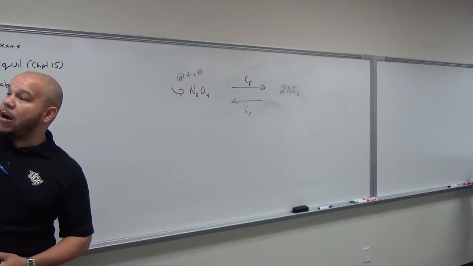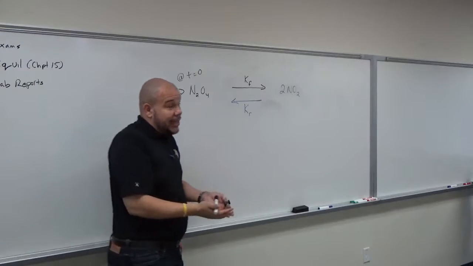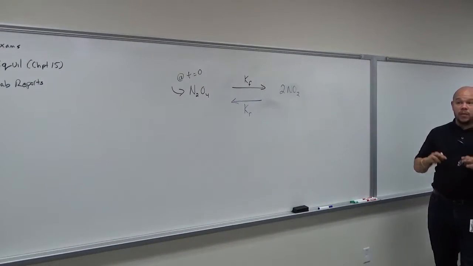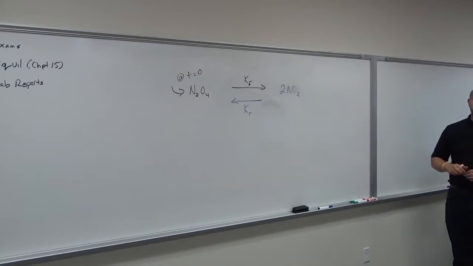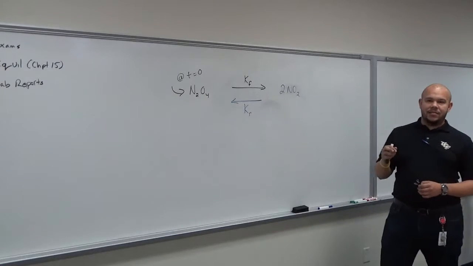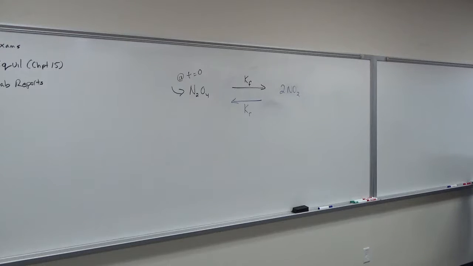The total amount does not change. Neither reactant should be able to leave the system. Now, we have some scenarios where they can, but let's keep it simple for now. And then the ratio of the concentrations is constant.